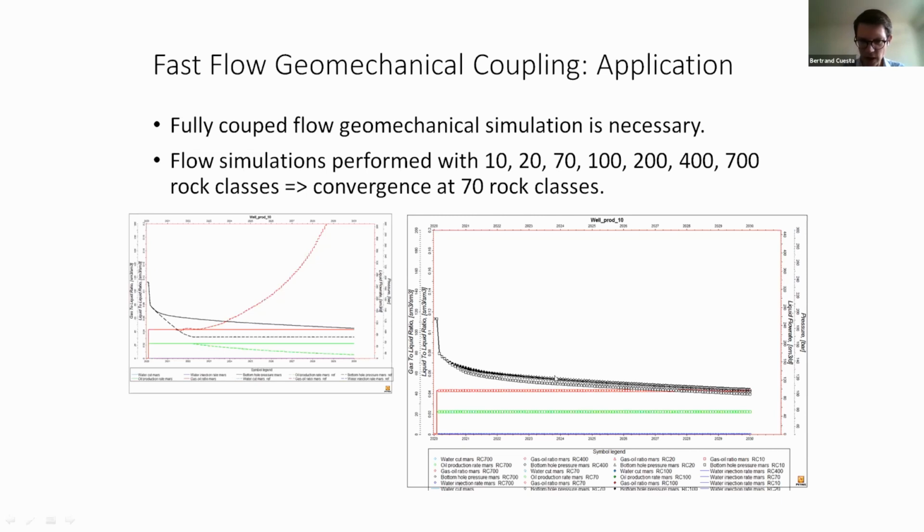So with 70 rock classes, we replicate exactly the same results as the fully coupled flow geomechanical simulation. But that just requires a few minutes, whereas the other requires hours. So we have reached convergence, and we are sure that we replicate the same results as a conventional flow geomechanical simulation, which is very interesting.